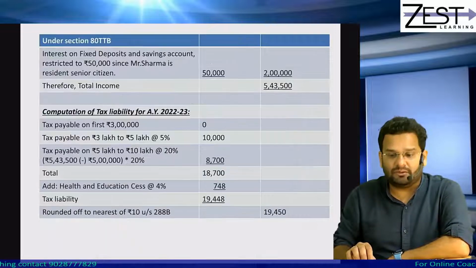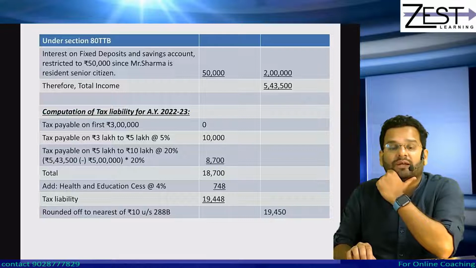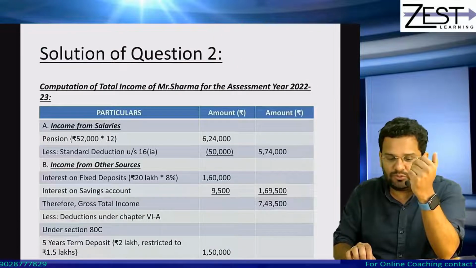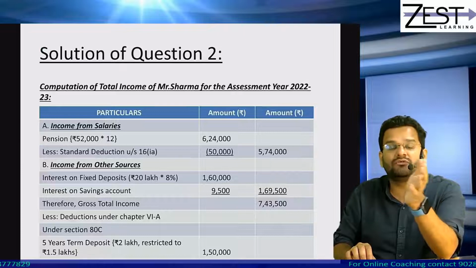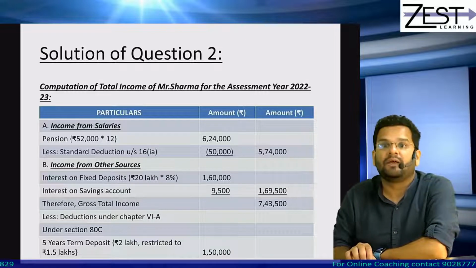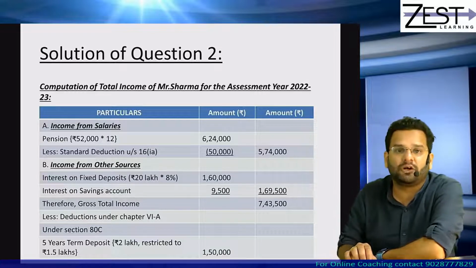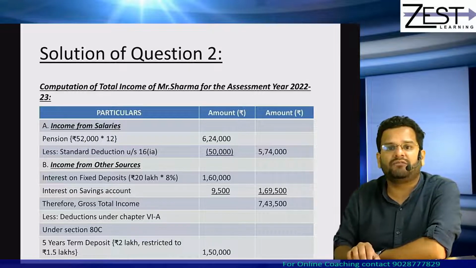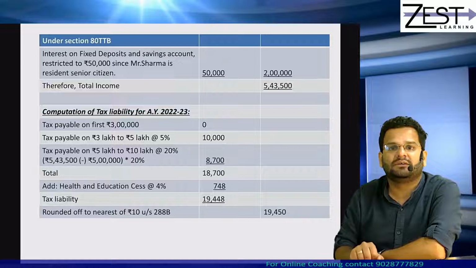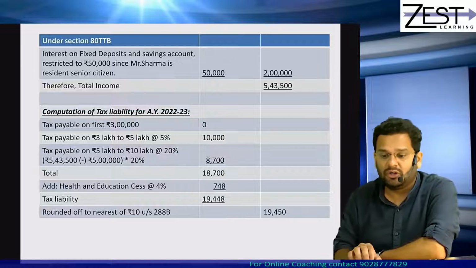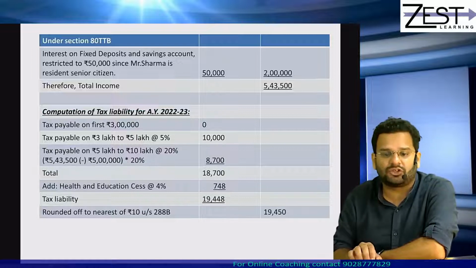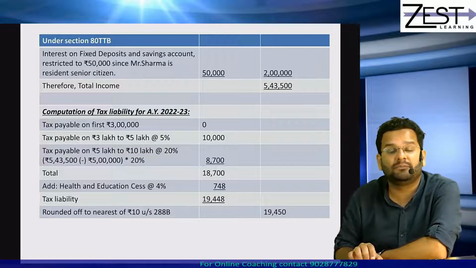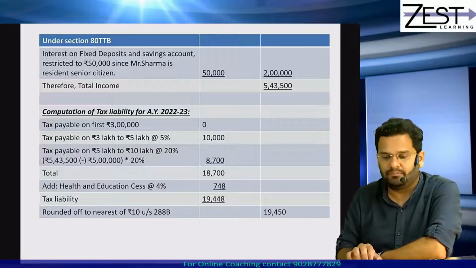Apart from that, of course, 80C you will be eligible for because you have done 5 years term deposit. But 80C has got a ceiling limit of 1.5 lakhs. So 1.5 lakhs plus 50,000, 2 lakhs will be total deduction, and 5,43,500 will be your total income.